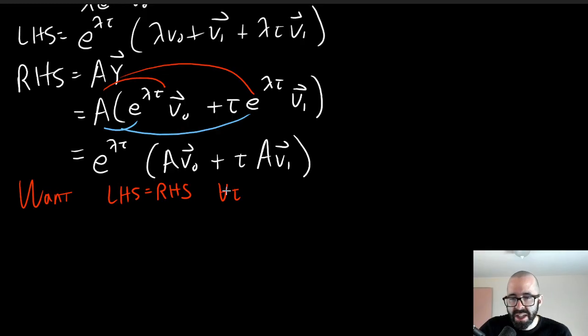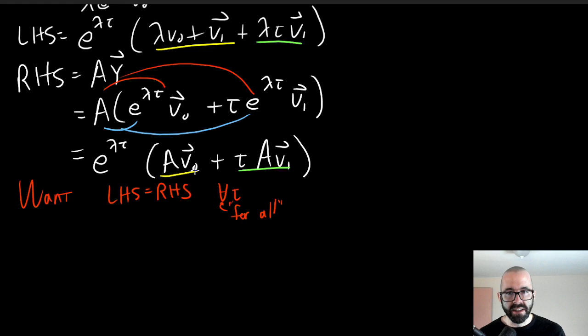This is my upside down A, means for all. I'll write that down. So when is that going to happen? Well, everything with t's needs to match. Remember when we were doing power series? Everything with t's needs to match, and everything without t's needs to match.